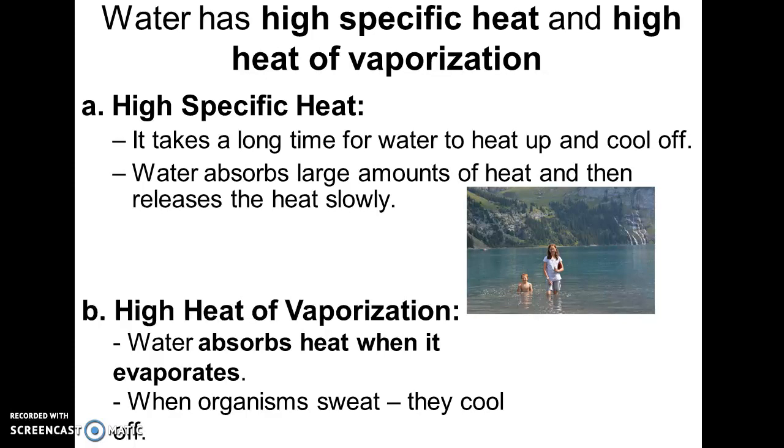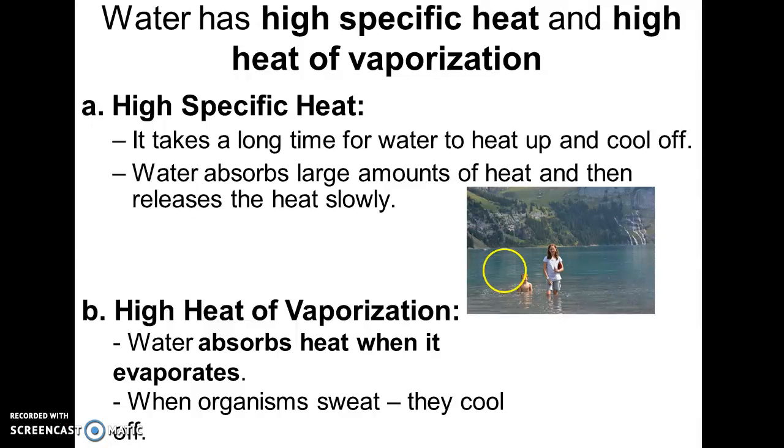So this is important, because if water didn't absorb heat so well, when we ran or just did a jog, our blood would boil, or as the sun is hitting on a lake, this is a picture of two of my kids here in a lake, then the temperature would fluctuate really quickly in the lake, and then plants and animals couldn't survive.